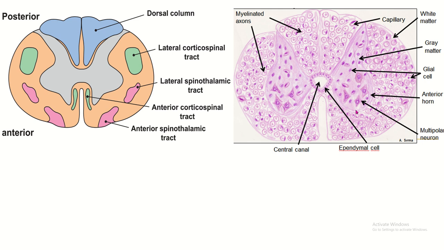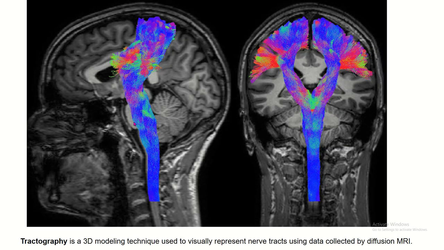This is the cross section of the spinal cord, inner gray matter, outer white matter. This group of axons is known as the tract. This is the tract shown in the tractographic picture.